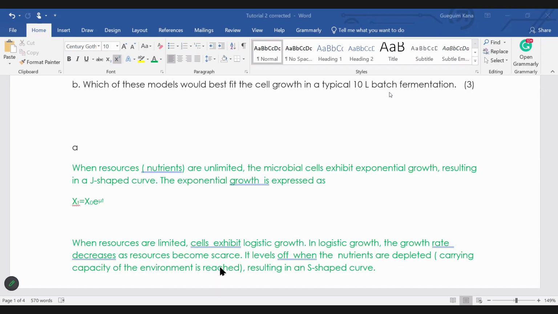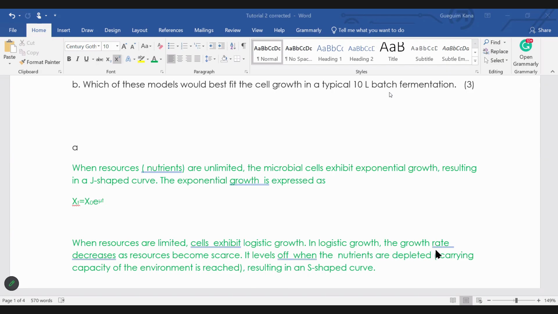And what you should have done while stating the equation would be to write in your document that when resources are limited, cells exhibit the logistic growth, not unlike the exponential growth. When resources are limited, cells will exhibit the logistic growth.